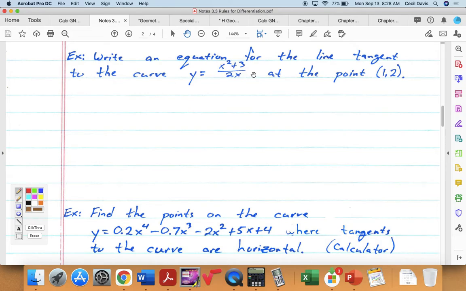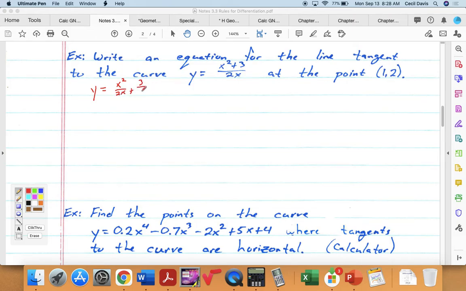We'll learn one. It's called the quotient rule. But for right now, we don't know how to do that. But notice we're only dividing by one thing. So we should divide by that one thing and rewrite this equation. So this is going to be y equals x squared over 2x plus 3 over 2x.